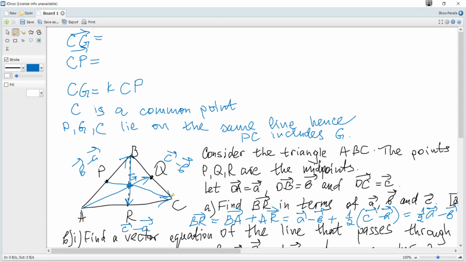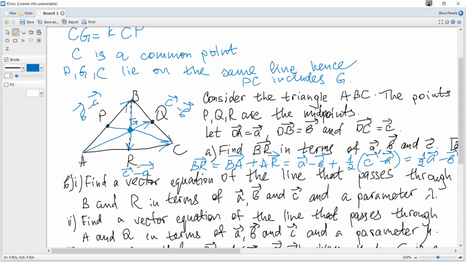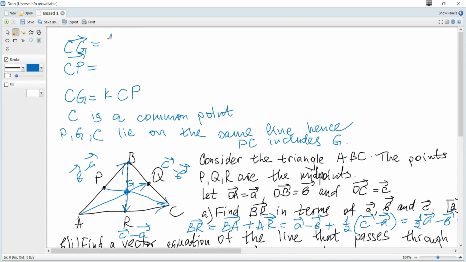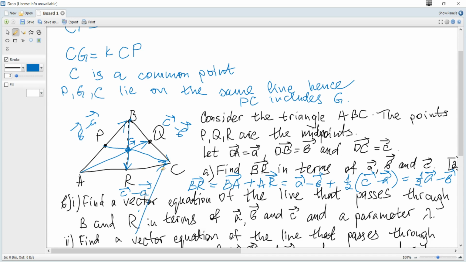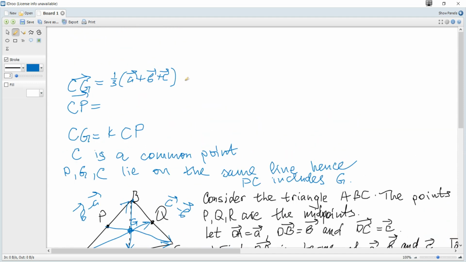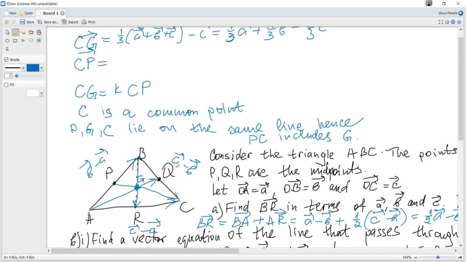What is CG? Since again the position vector OG is given, it's 1/3 (A plus B plus C), and OC is C, so CG is OG minus C. Or you may apply the triangle rule for the sum, so minus C. Hence it becomes 1/3 A plus 1/3 B plus 1/3 C minus C, so minus 2/3 C. And what is CP?